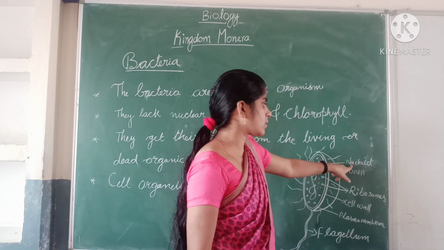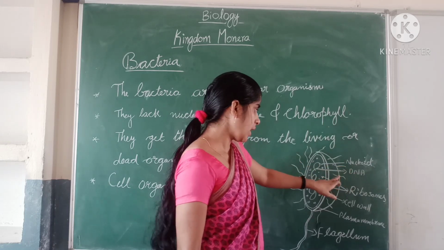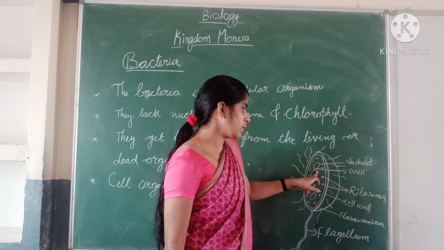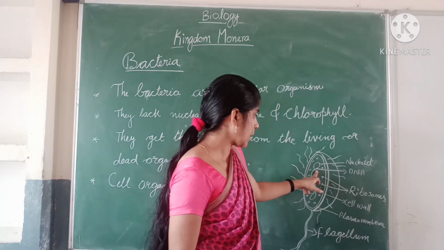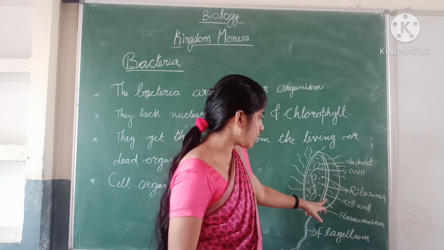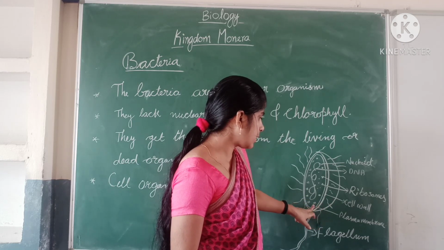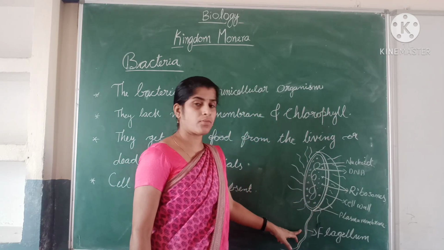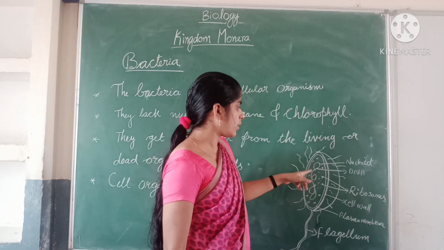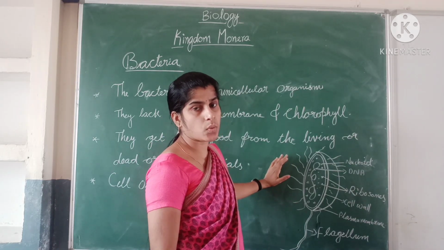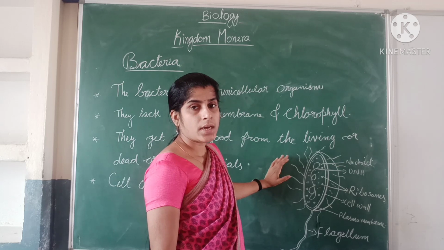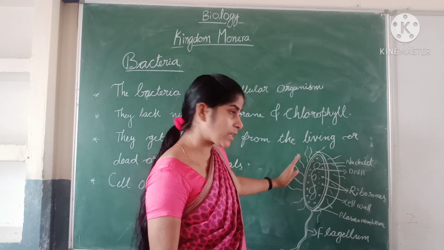Just a nucleoid is there, and the DNA lies in the cytoplasm with no covering, and ribosomes. This is the cell wall, this is the plasma membrane, and this is the flagellum. There is no mitochondria, lysosome, Golgi bodies, or endoplasmic reticulum.